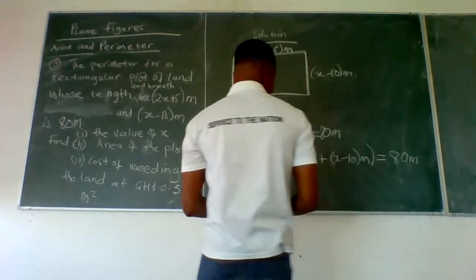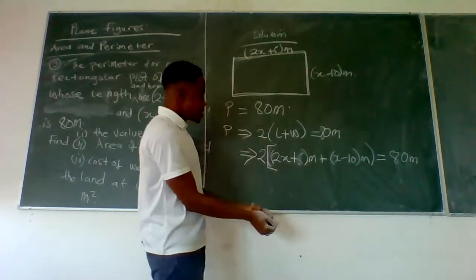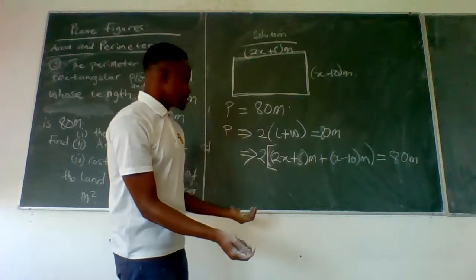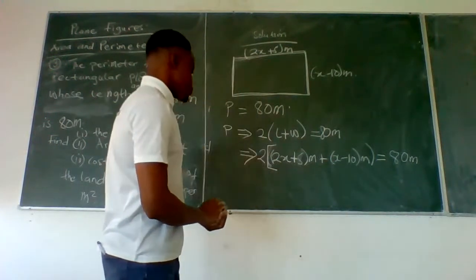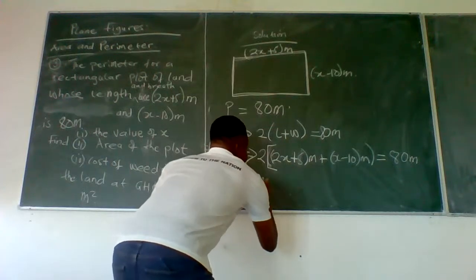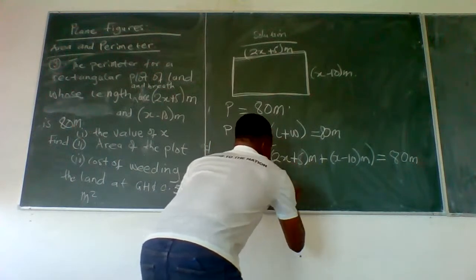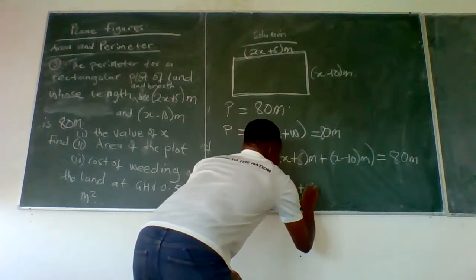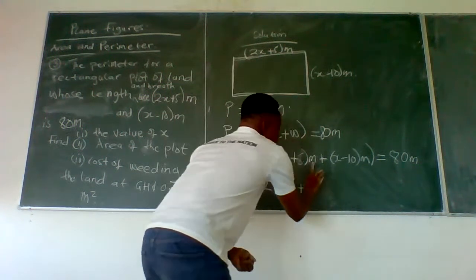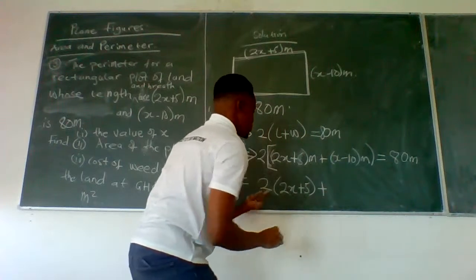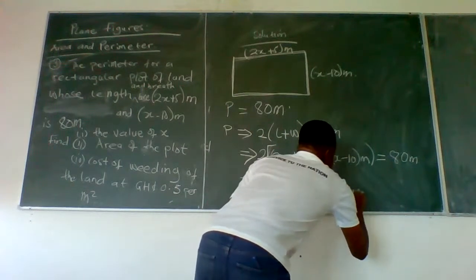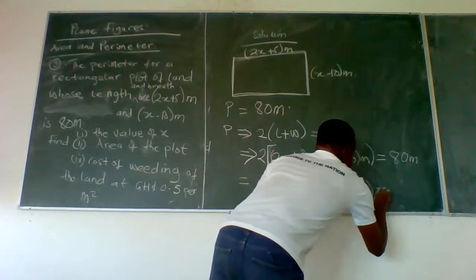So first of all, this is a bracket. So let's deal with the bracket by removing it, multiplying everything through by 2. So this one can also be written as 2 times 2x plus 5. Let's forget about the meter when we are done. Then we bring in the 2, then x minus 10 equal to 80.